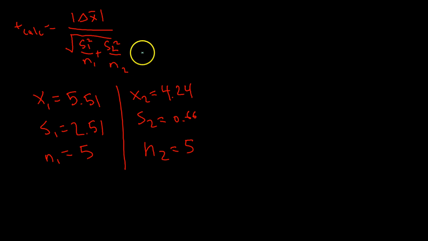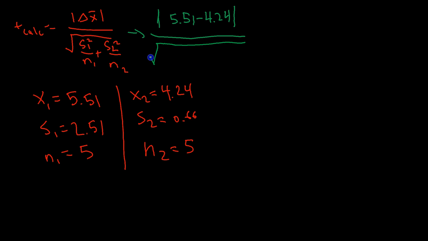So this equals 5.51 minus 4.24. These are absolute values. So that's your numerator, and your denominator is the square root of 2.51 squared over 5 plus 0.66 squared over 5.